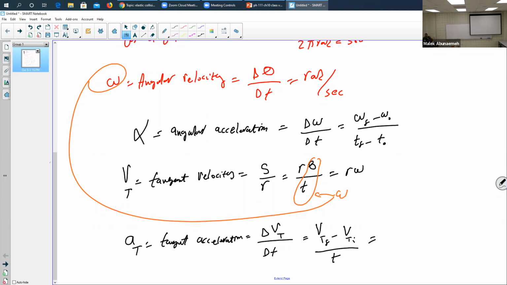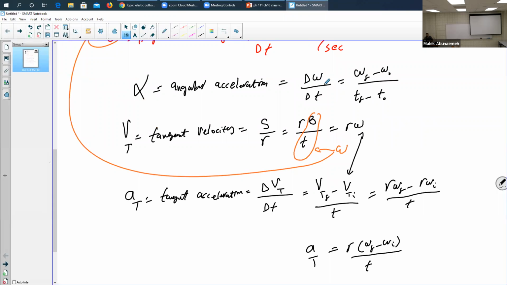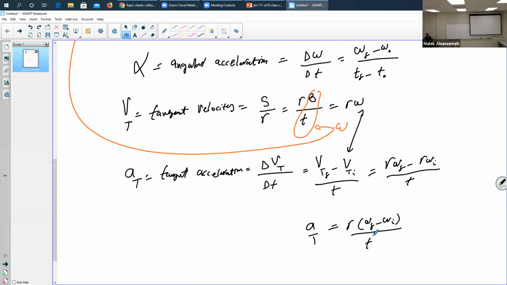Again, we said vt equals r omega, so it's r omega final minus r omega initial over time, which equals r times omega final minus omega initial over time. That's a tangent, not alpha, I'm sorry. But we did define alpha as the change of the angular velocity over time, right? So this little thing over here, actually, let me get a different color.